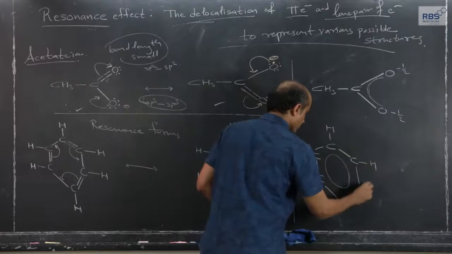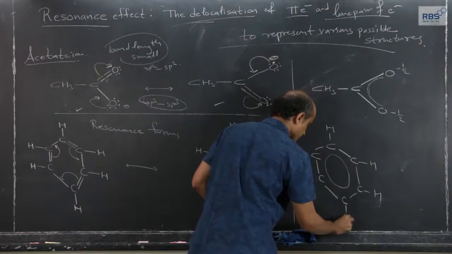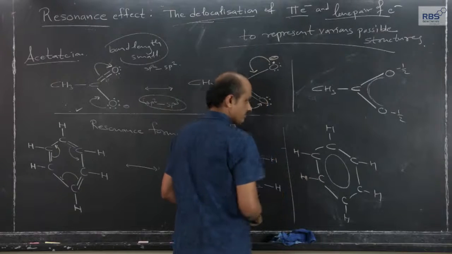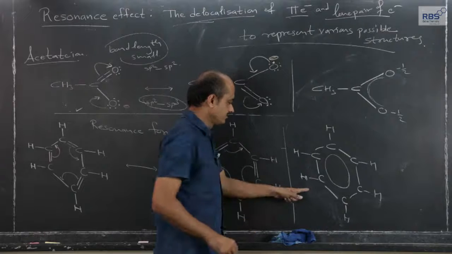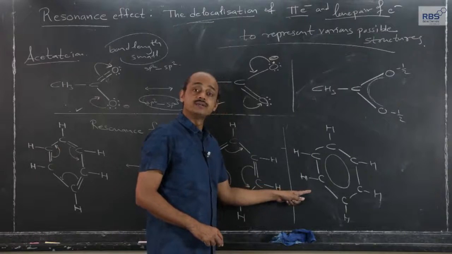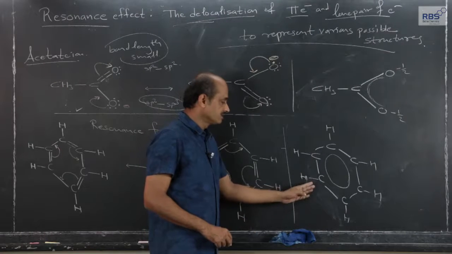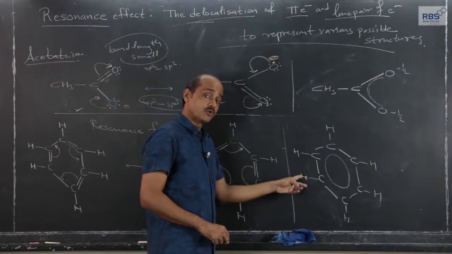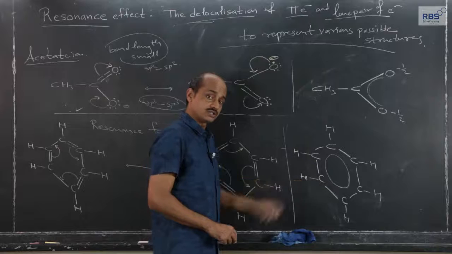Each carbon is bonded to one hydrogen atom outside the ring, of course. This is the resonance hybrid of benzene. This is not the actual structure, this is the representation of what could have been the actual structure.